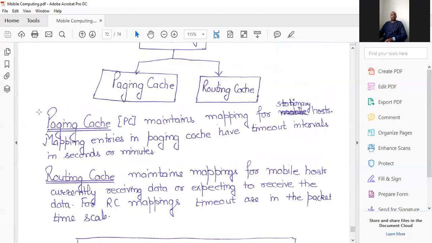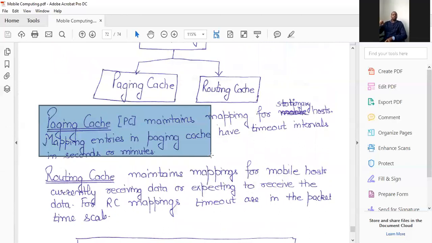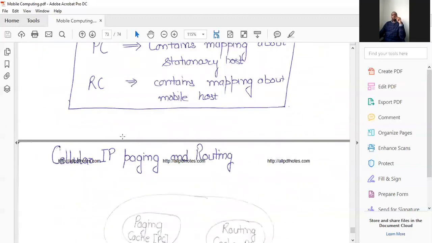So if we have devices that are moving at high speed but do not change network, they are still in the same region, then we will use a mapping technique called paging. But where the devices are changing location and therefore IP addresses have to be updated every time, it uses what we call routing.